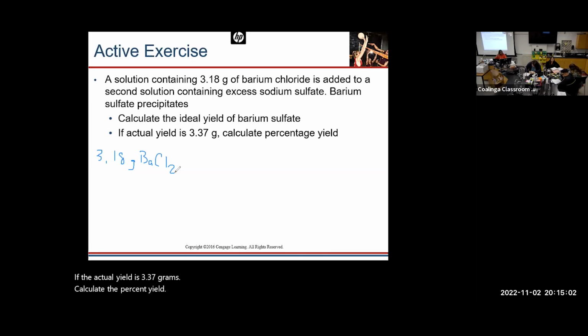Okay, first thing, what? Equation. We know that we have barium chloride reacting with excess sodium sulfate. Chemical formula for sodium sulfate? How many sodiums am I going to need to balance out that sulfate?